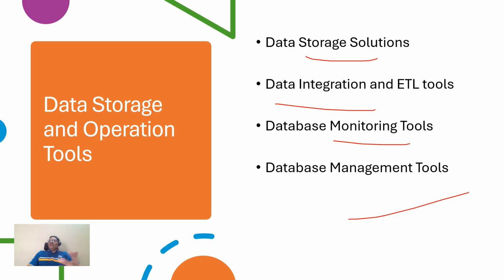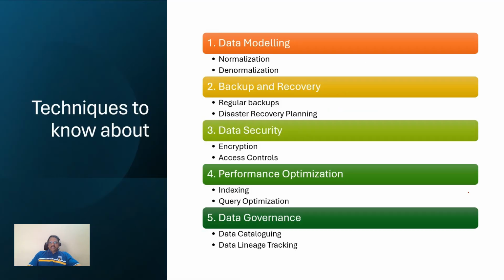Okay, so moving on, we have multiple techniques to know about. So the first one is about some of the techniques used in data modeling. They are normalization and denormalization, and backup and recovery, basically regular backups, disaster recovery planning.